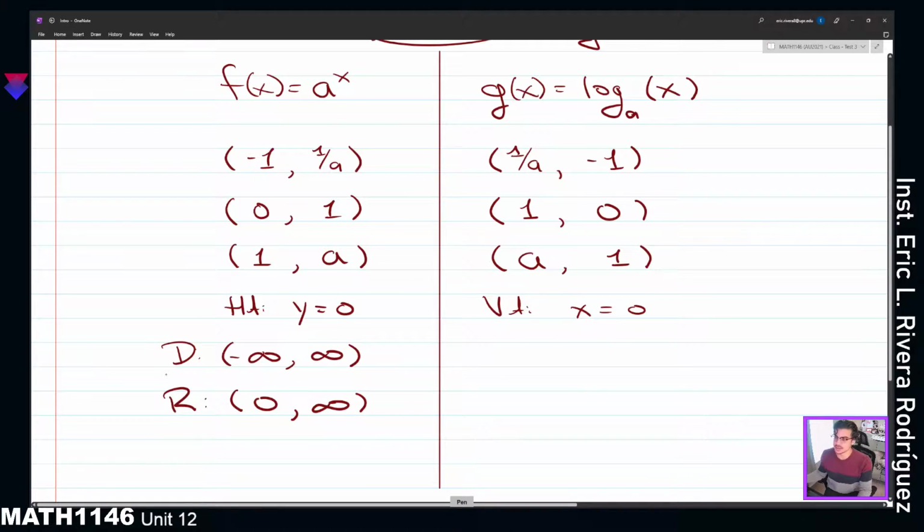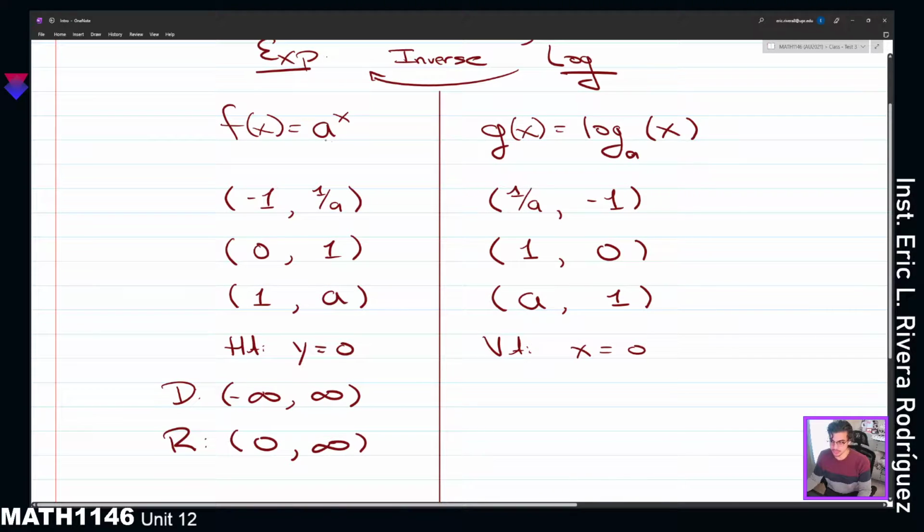Since a is positive, the value of the base is positive, we cannot get 0 or negative values unless we have a shift or a subtraction in the output. But in the parent function, we will never get a value of 0 or a negative value, because of the exponential operation.